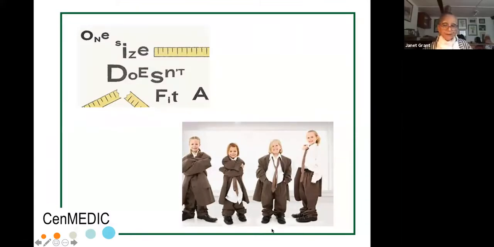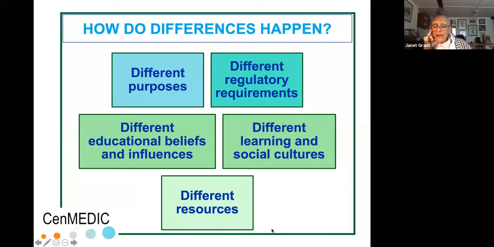So, those differences happen for a variety of reasons. Medical schools set themselves up with different purposes. They have different vision statements, different missions, different ideas about what they should be doing. There are very different regulatory requirements. I'm involved in regulation, and if you look at the standards set from one country to another, they are very different.